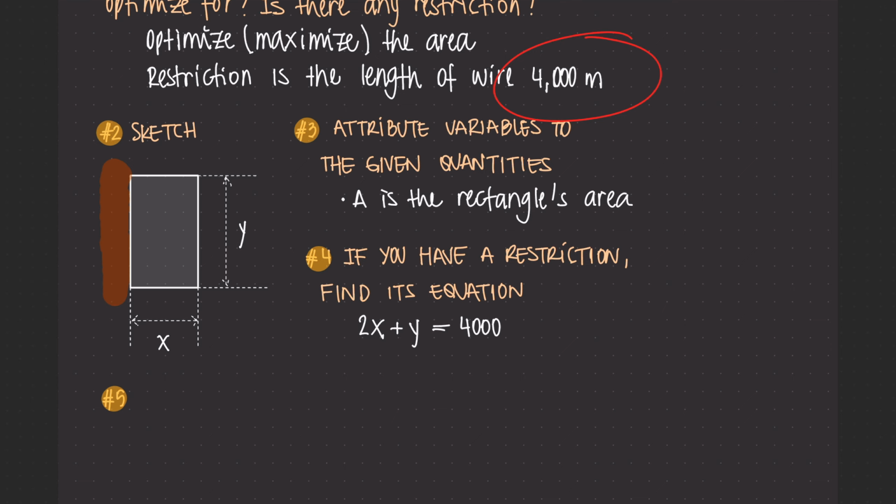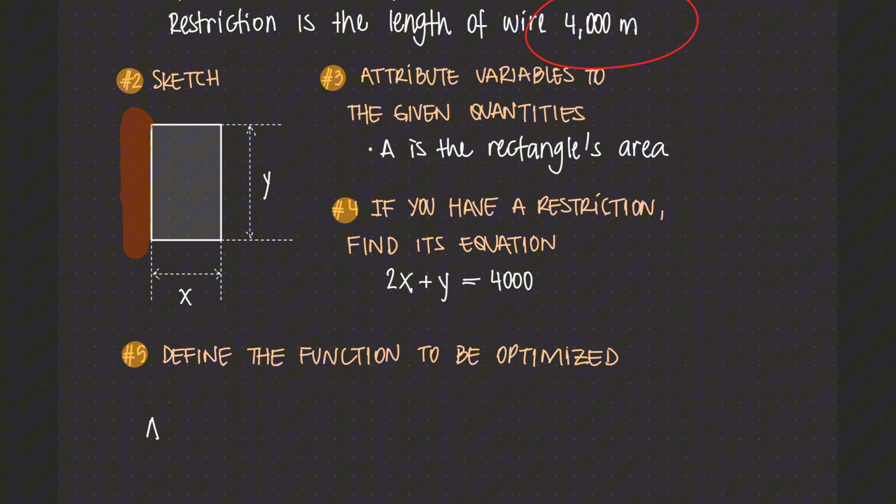Number five, and this is where things get a little bit more interesting. You're going to define the function to be optimized. And in this case, we're trying to optimize the area. What is the area of a rectangle? Well, in this case, it's just x times y. Now, we have a problem over here. We're defining a model or a function in terms of two variables, and that's where the restriction comes into play.